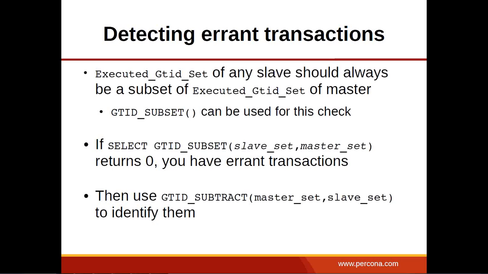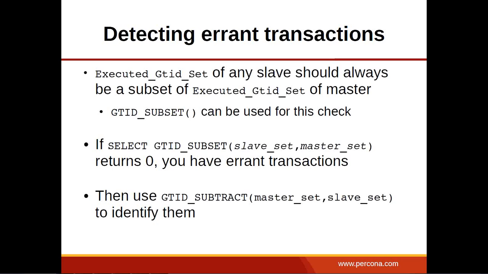As a side note, this check is quite easy to implement, but of course it only works if you're able to see the exact GTID set of the master. So it only works well if the master is online.